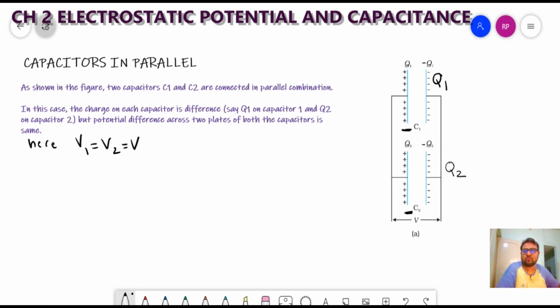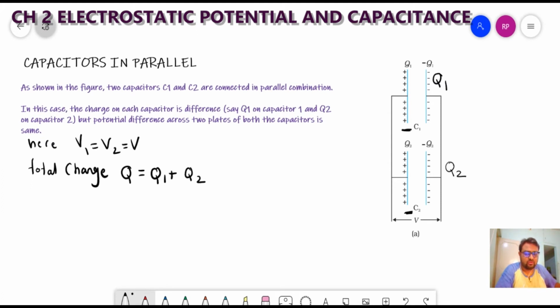But Q1 will not be equal to Q2. Both will have different charges. So the total charge Q, I will write down, total charge Q will be equal to Q1 plus Q2.